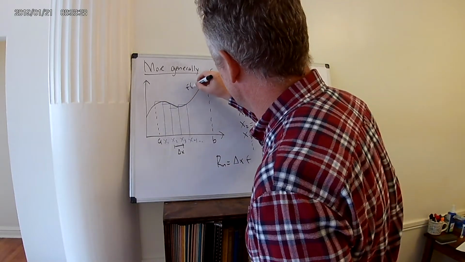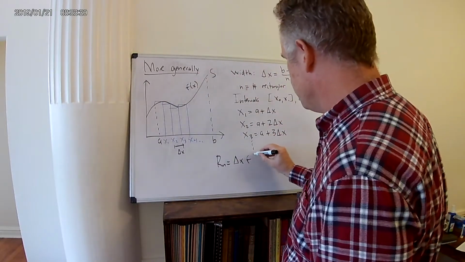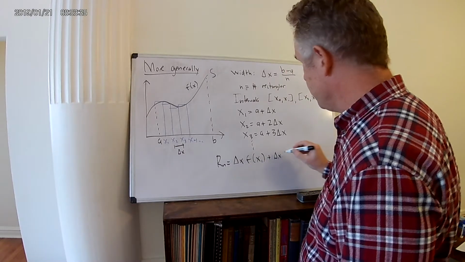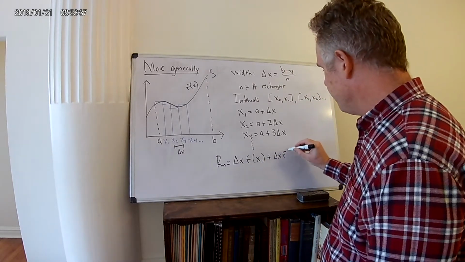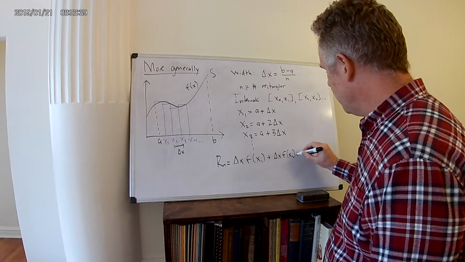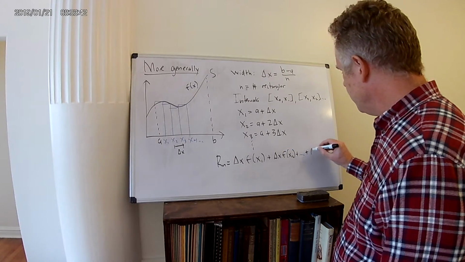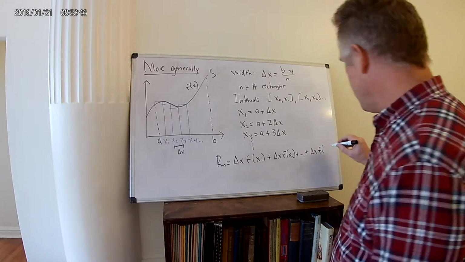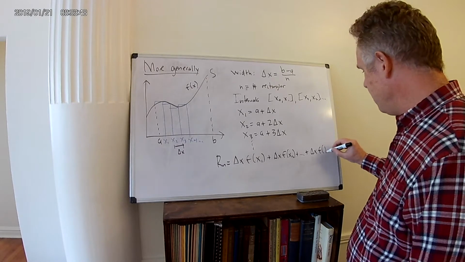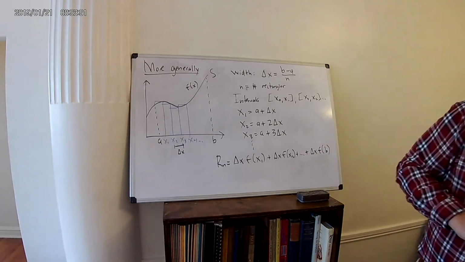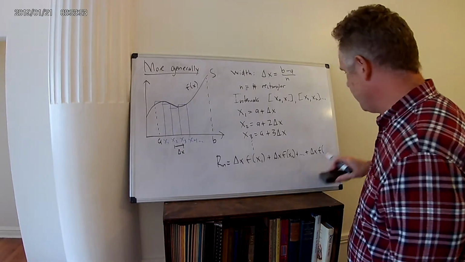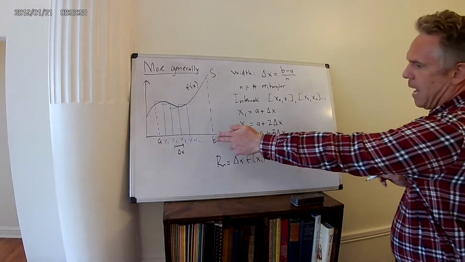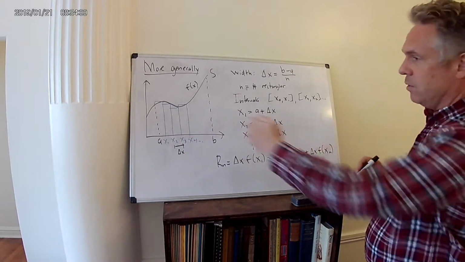This is some function f of x, times the function evaluated at x1, plus the width of the second rectangle, which is delta x, times the function evaluated at x2, plus, plus delta x times the function evaluated at x sub n. It is b, but let me call it x sub n. x sub n is basically the last point along this region here.